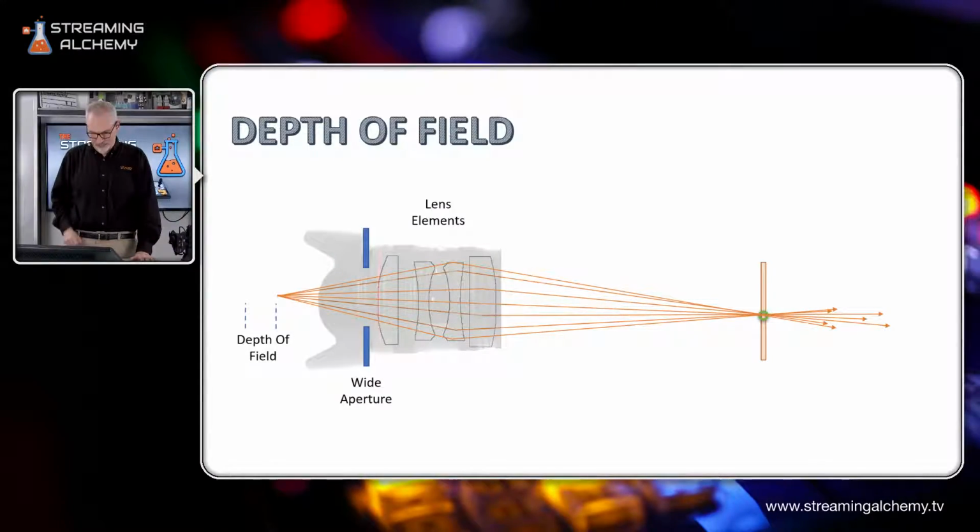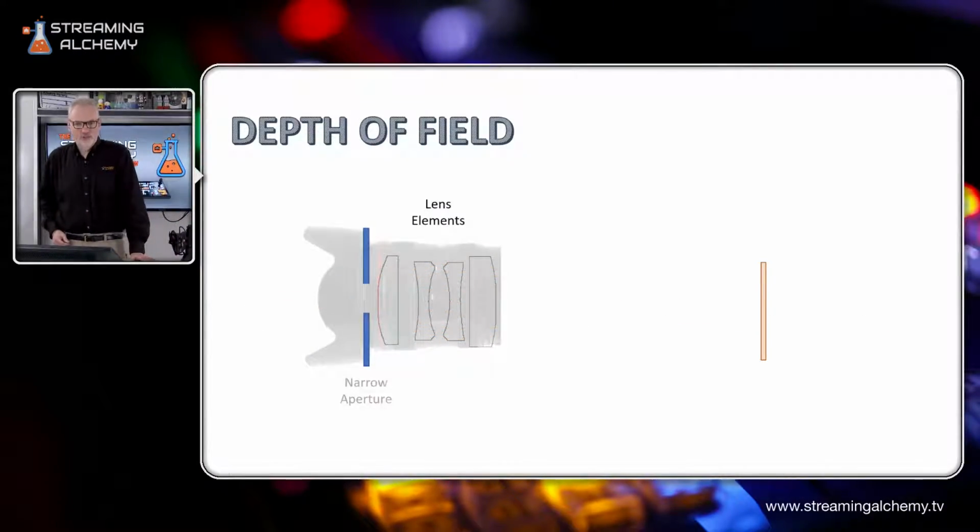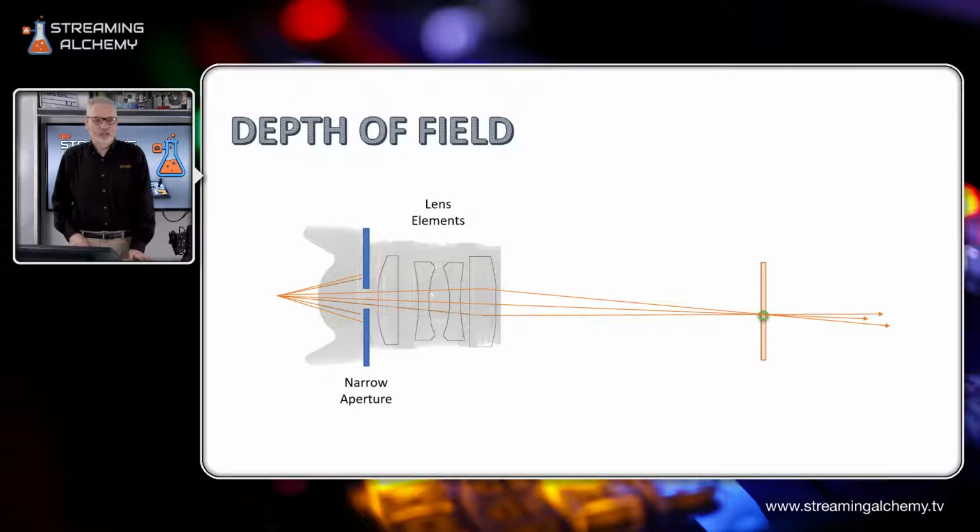Now, if I were to shrink the aperture and go to a higher f-stop, a lot of the light that was coming in at these odd angles is going to get blocked because now the aperture is a lot smaller. And so it's letting less light in. But there's a plus side to this. Even though the image now is going to be darker, it has less light to work with, the rays of light that are coming in are going to be more focused.